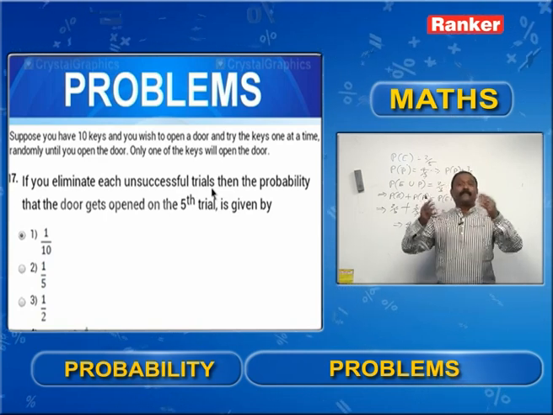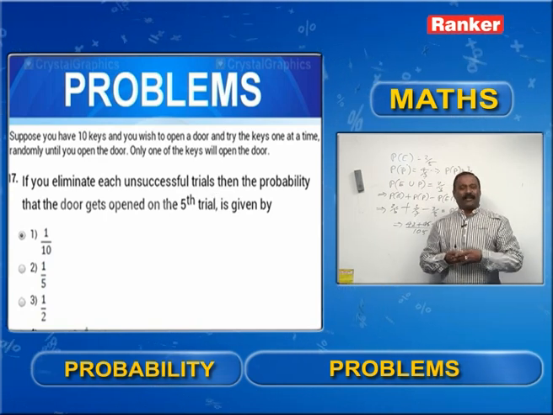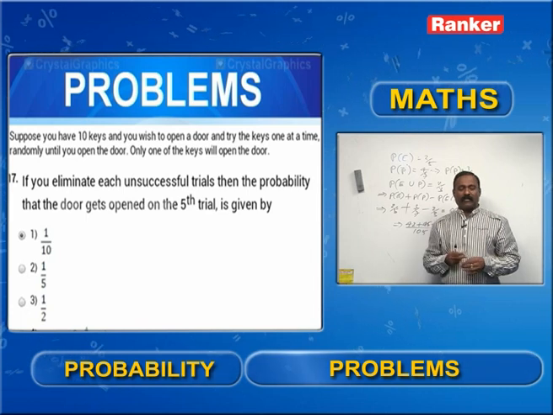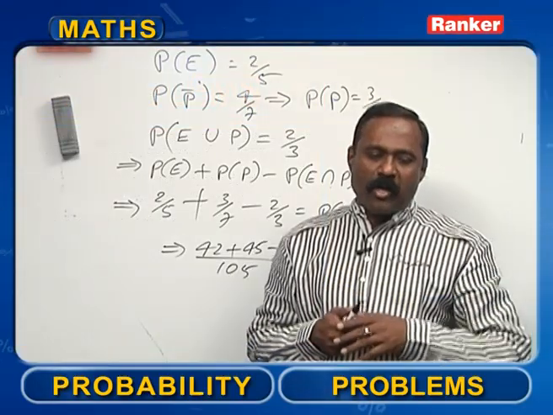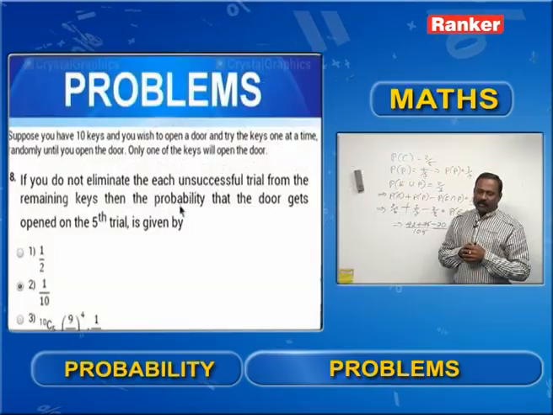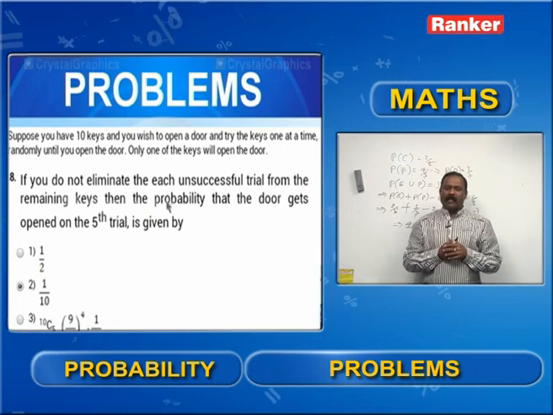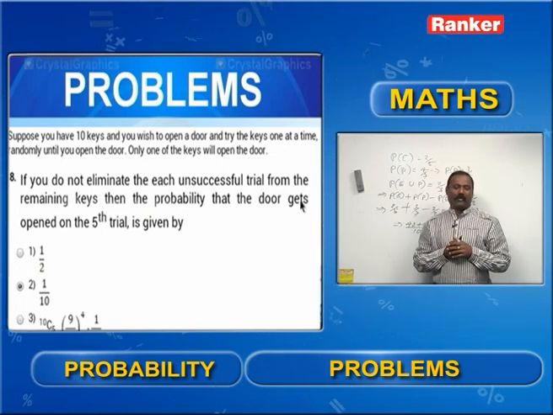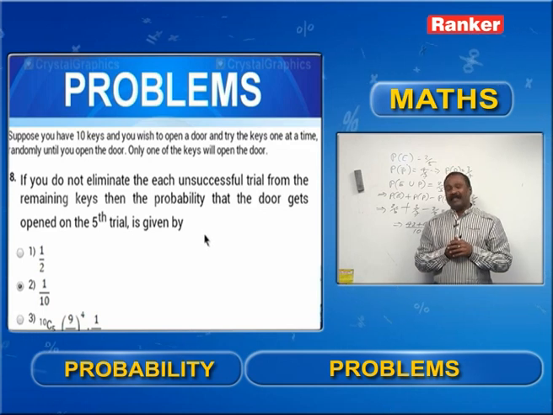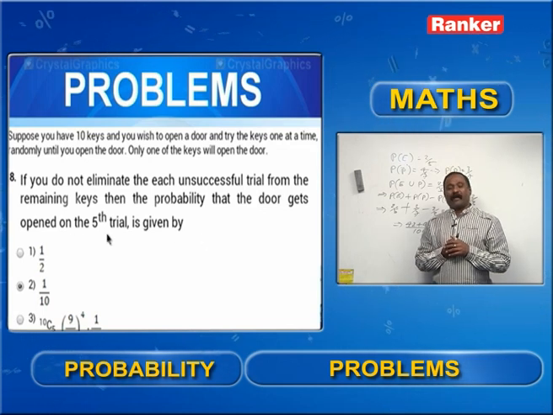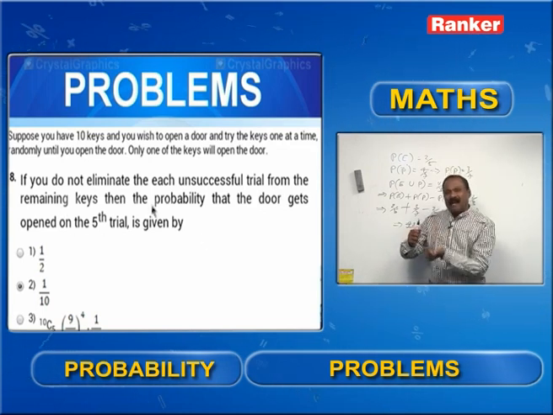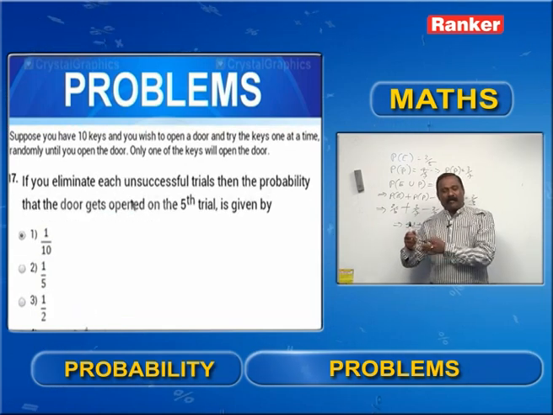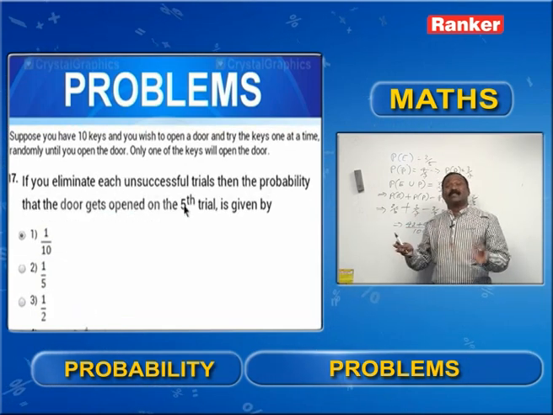Like that, you are successful in the 5th trial. What is the probability of it? Next question, based on the same. If you do not eliminate each unsuccessful trial from the remaining keys, then the probability that the door gets opened on the 5th trial is given by. What is the difference? In the first problem, you are discarding the unsuccessful keys so that fewer keys remain. In the next problem, you are not discarding the keys.